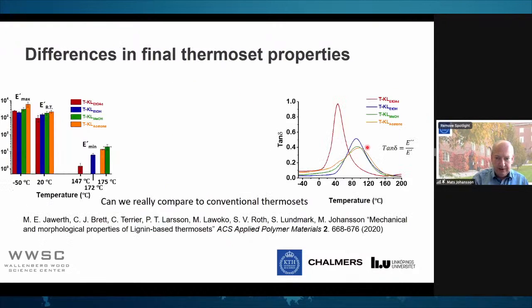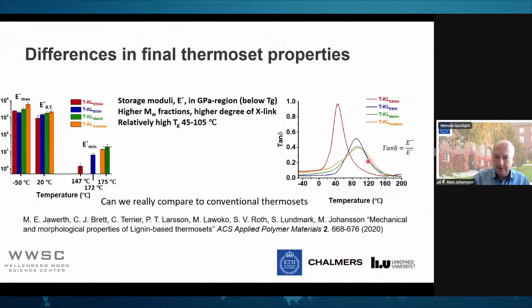What we could see is that we get rather different properties for the different fractions. We got a reasonably high modulus in the GPa, gigapascal region below Tg, and that's quite logical, as it's a rather stiff material below Tg. Higher molecular weight fractions give higher crosslink density, and we see a rather strong shift in glass transition temperature.